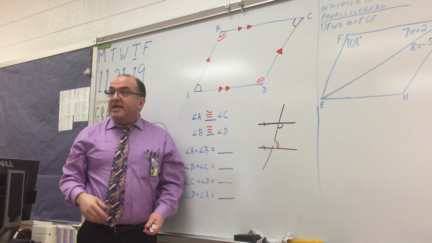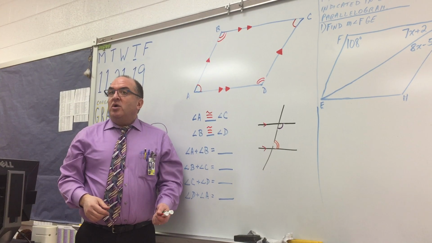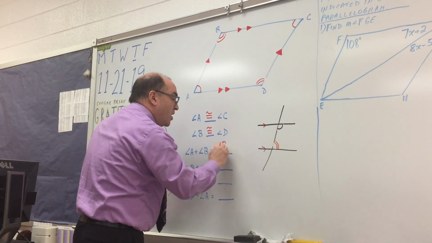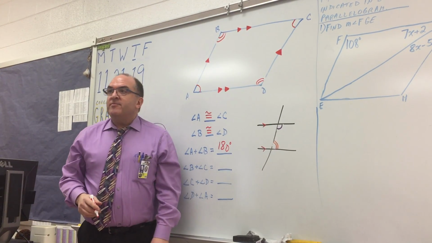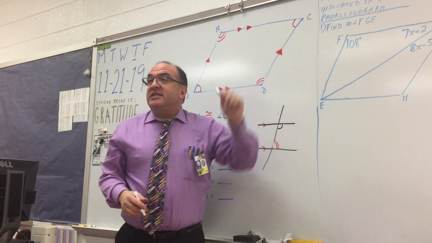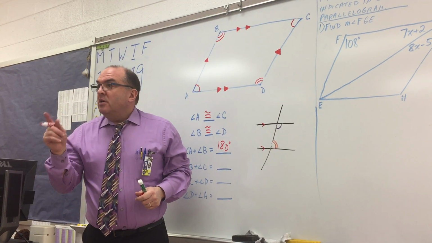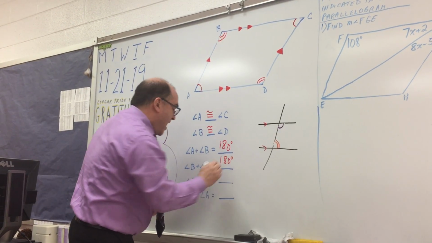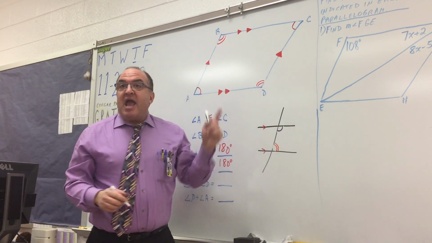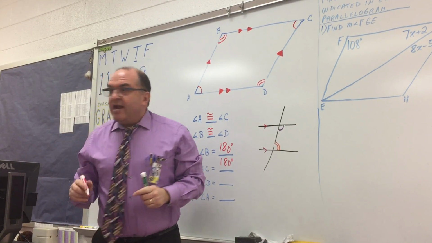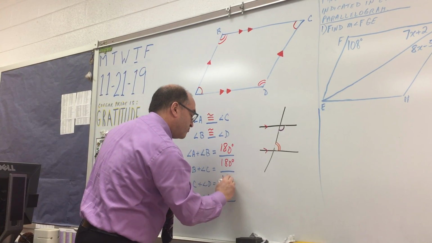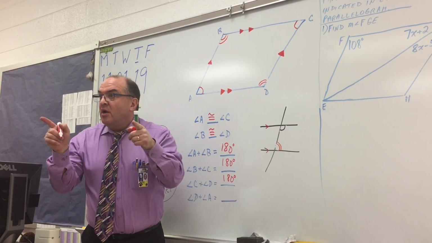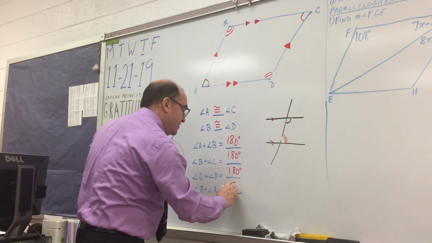Angle A plus angle B equals 180 degrees. Angle B plus angle C adds up to 180 degrees. Angle C plus angle D adds up to 180 degrees. Angle D plus angle A adds up to 180 degrees. Nice.